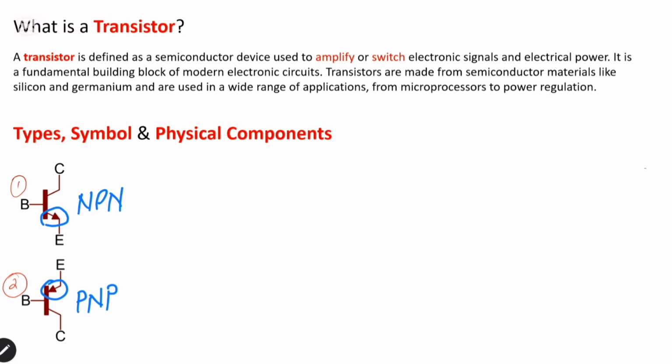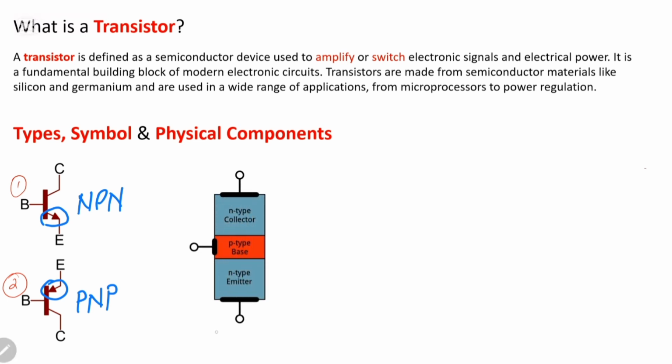Now we are going to look at the symbol of a transistor with respect to its construction. In our previous video, we looked at the construction of a diode, which is made up of a p-n junction, the n-type and the p-type.